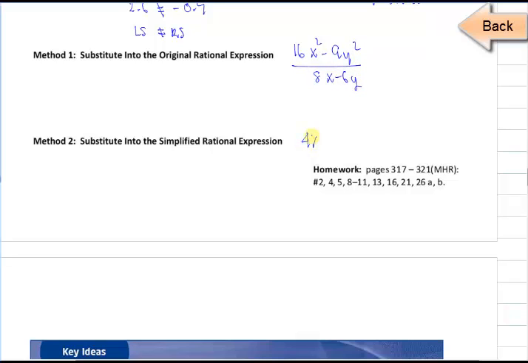And here is your expression simplified. Okay? So let's start by substituting 2.6 in for x in our original expression and negative 1.2 in for y.